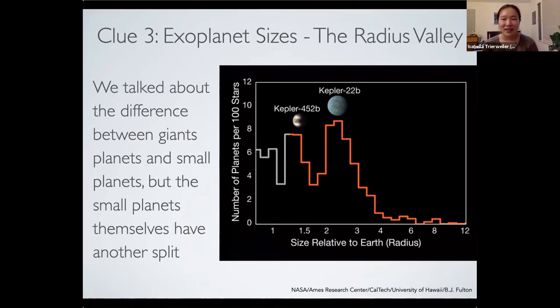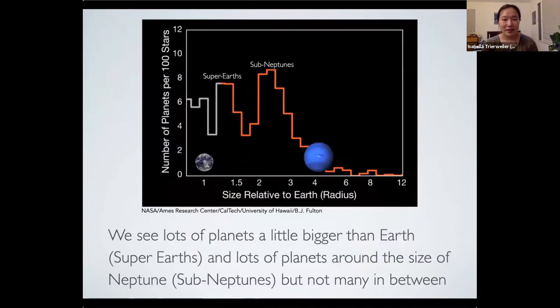And the radius valley is kind of an ongoing question. There are a few different ways that we can start to explain this. And the leading way that I'll share with you today has to do with atmospheres. But to discuss these, I just want to introduce one little bit of terminology, which is that we named these two peaks of planets.